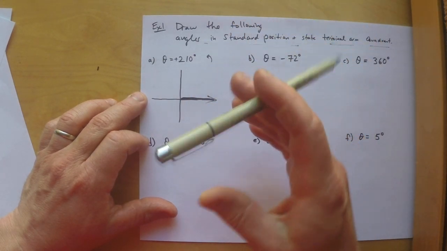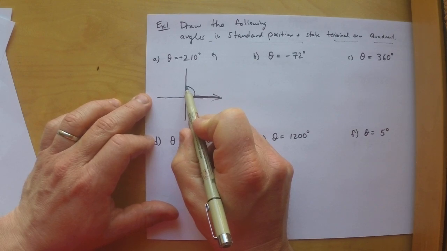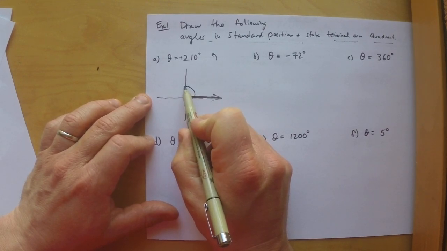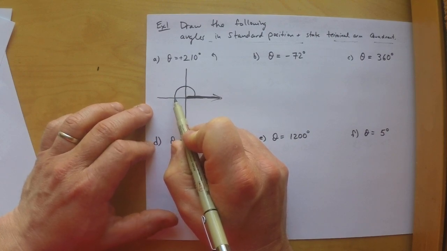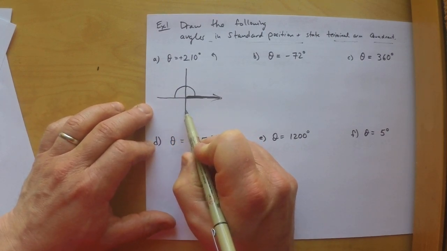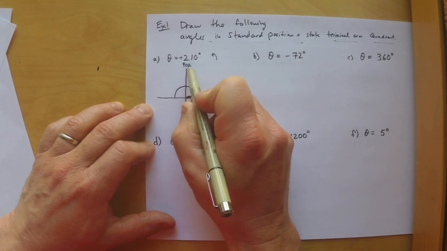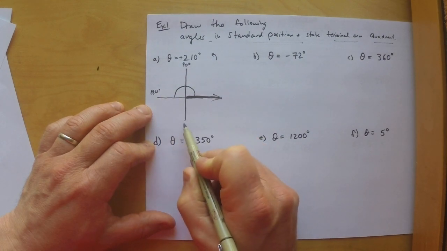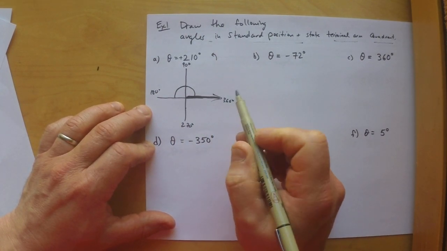If I spin to here, that would be 90 degrees. If I kept spinning to there, I've done 180 degrees. If I went all the way to here, that would be another 90, that would be 270, which would be too far. So just remember, this is 90, this is 180, this is 270, and when you come back to here, you've done 360.